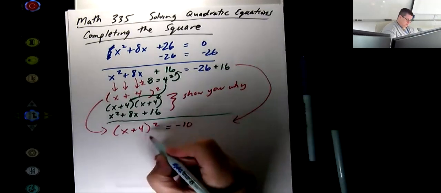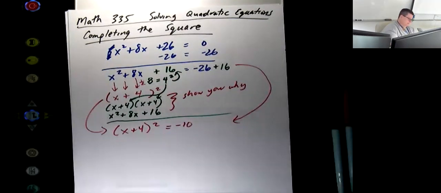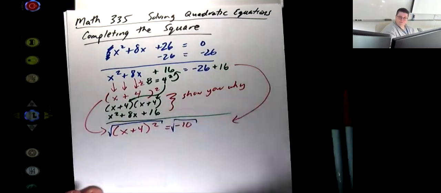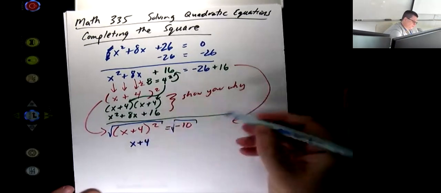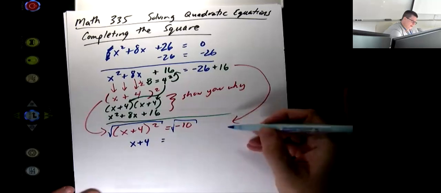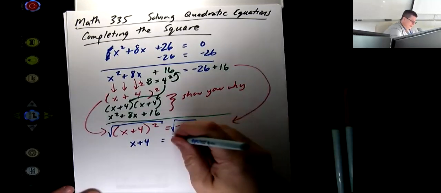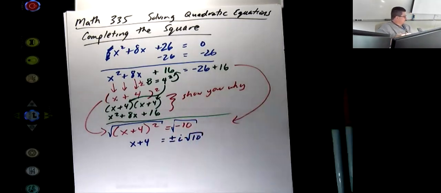So now that we're at this point, we can take the square root. And the square root of a square is just the original number. The square root of negative 10 is plus or minus i root 10.